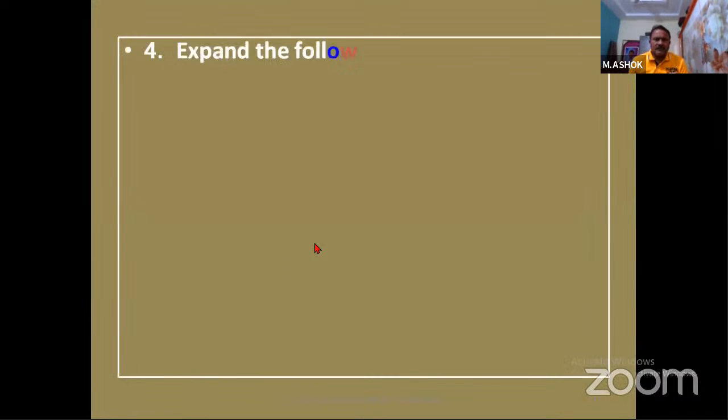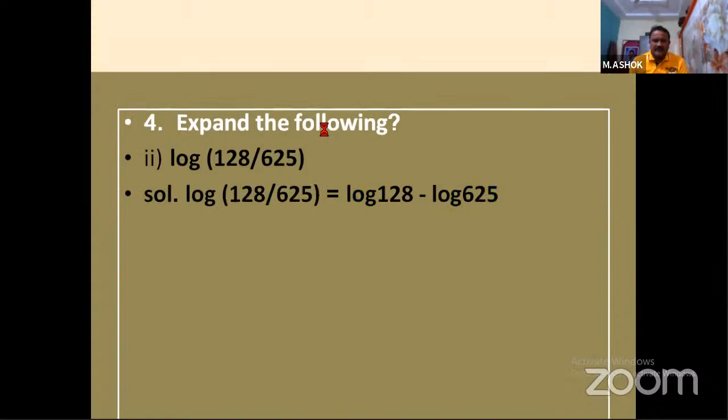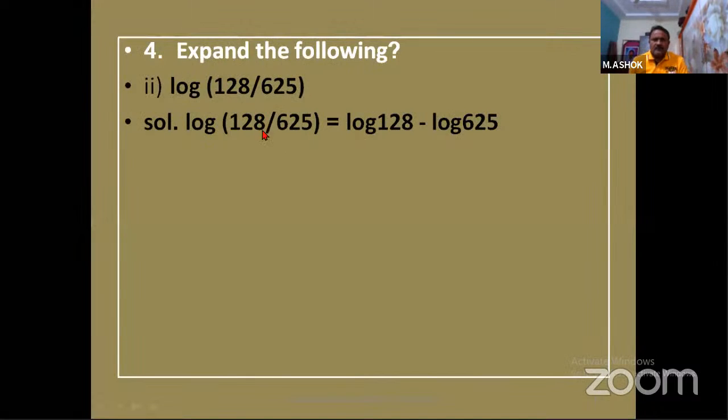Next, second question is log 128 by 625. Whenever you see a fraction, you have to remember the formula log x by y. So log 128 by 625 means log 128 minus log 625.